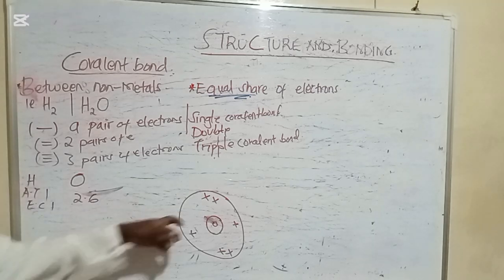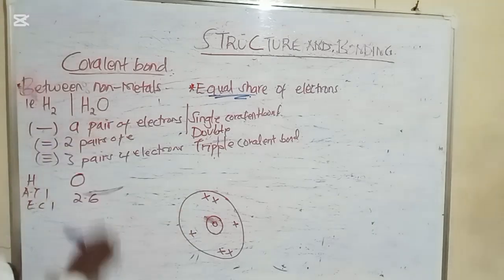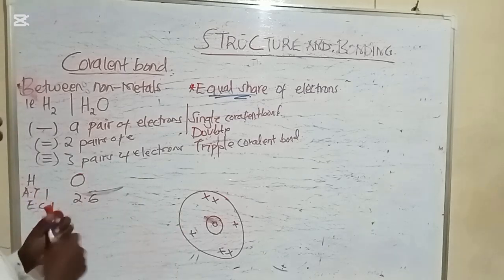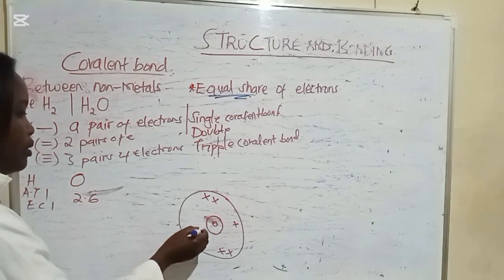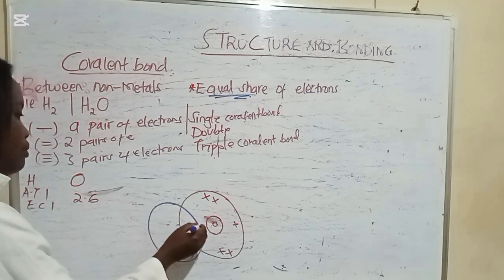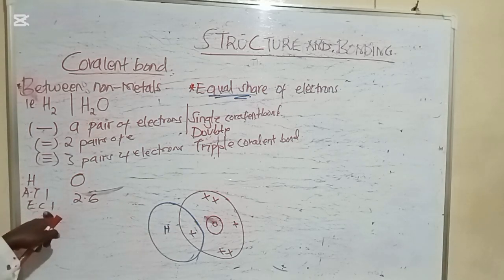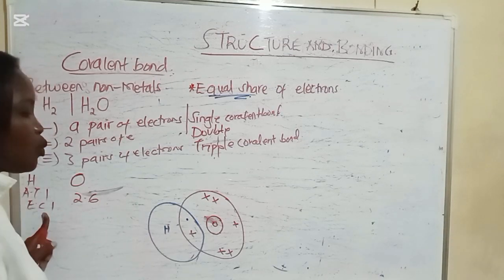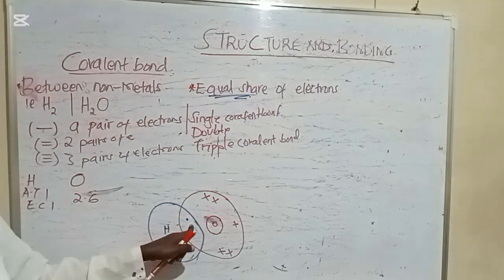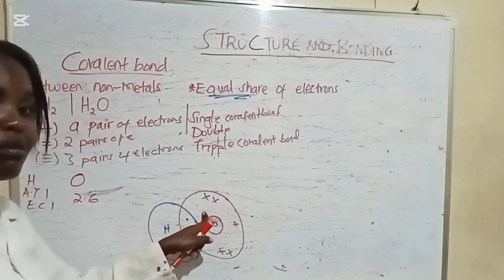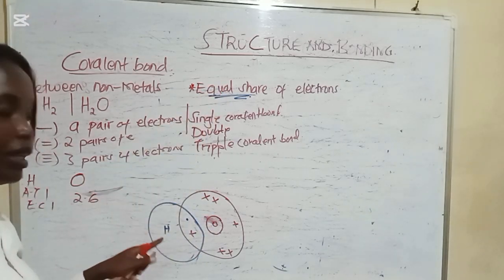And now this oxygen is bonded to two hydrogen atoms. So we are going to draw our hydrogen atoms here. Your hydrogen atom has how many electrons? 1. So the hydrogen atom is going to share 1 electron with oxygen, because we said we have equal share of electrons.